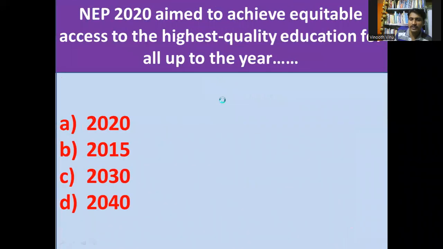Coming to the next question: National Education Policy 2020 aimed to achieve equitable access to the highest quality education for all up to which year? Option A 2020, option B 2015, option C 2030, option D 2040.